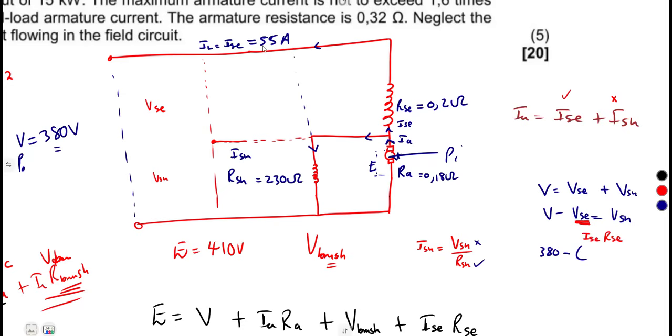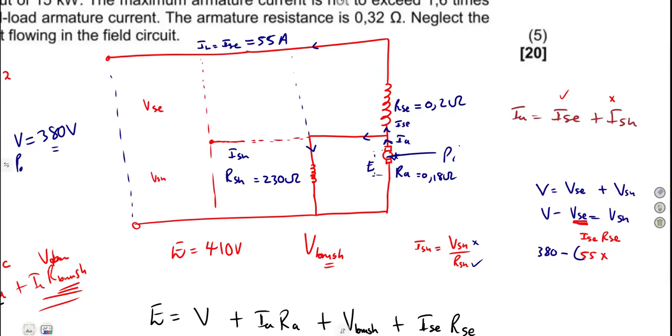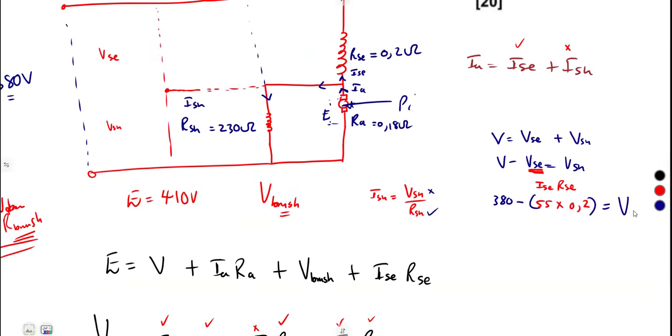The current is 55, which is the same as the load current, and the series resistance is 0.2. Sorry for that, 0.2 here. So this is going to give us the shunt voltage. So our V shunt from this calculation, like I said, they made a mistake of using 380 there, so it was going to give us 369 volts.